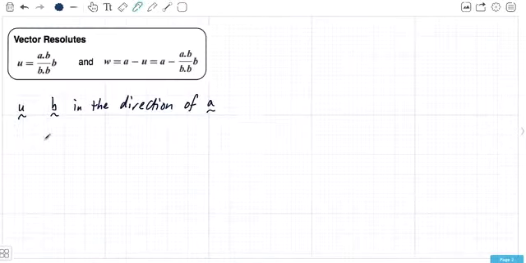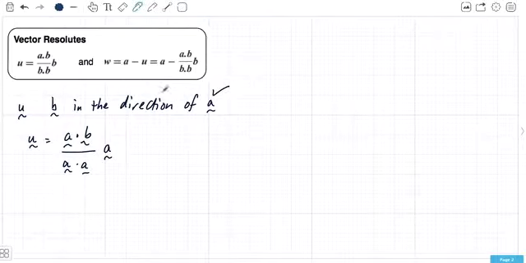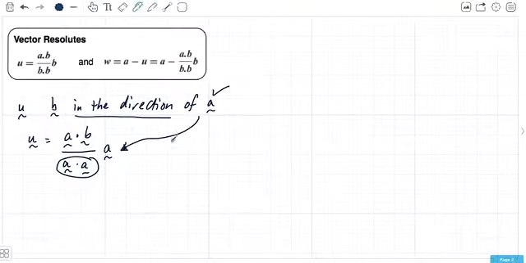You'd have a dot product on the top, and this time instead of being B dot B, it would be A dot A, and then A here. So whichever one is the in direction of part, that's the part that goes here and also as the dot product on the bottom. Okay, so that's the way that we can find this U, the vector resolute.